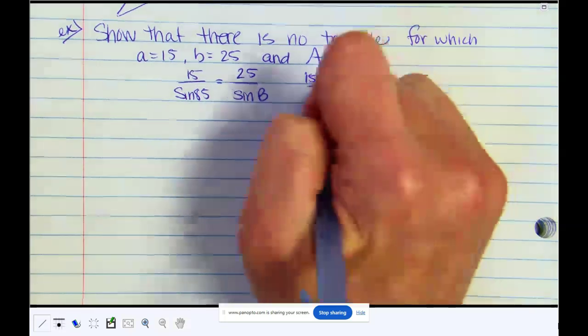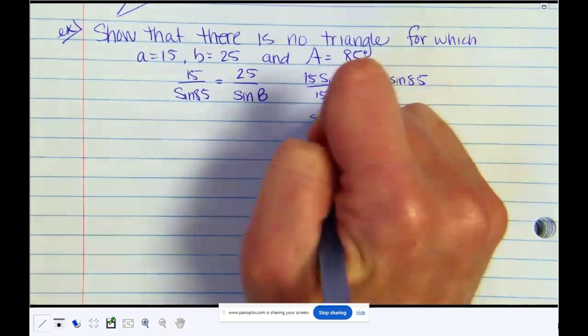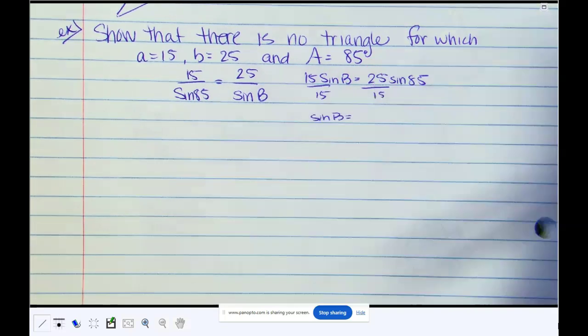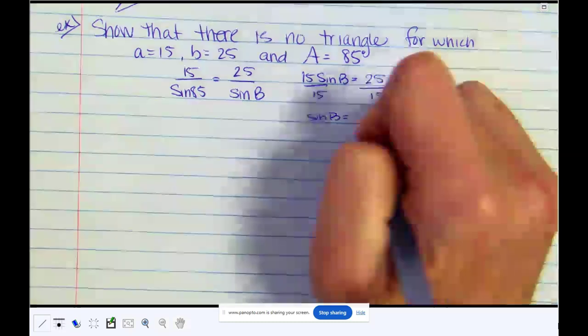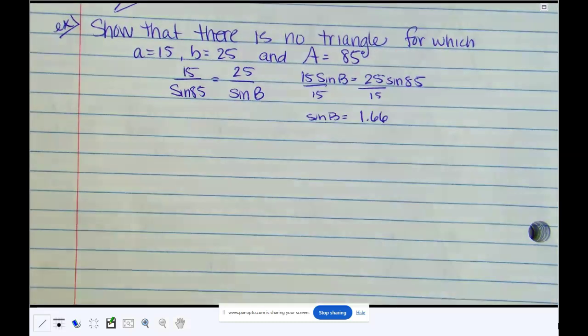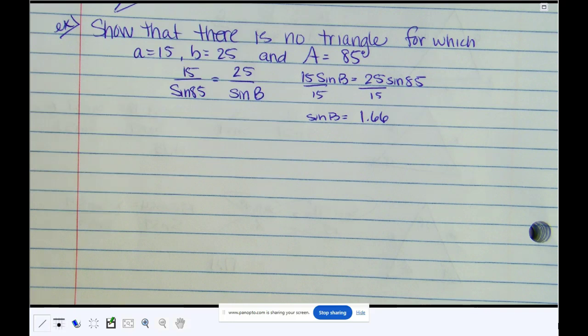Divide by 15. So sine b is equal to whatever you get when you do that: 25 sine 85 divided by 15. I have 1.66. What are you going to do to get b? We did that already.